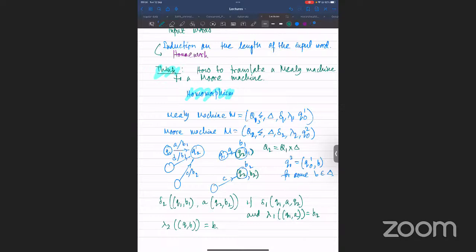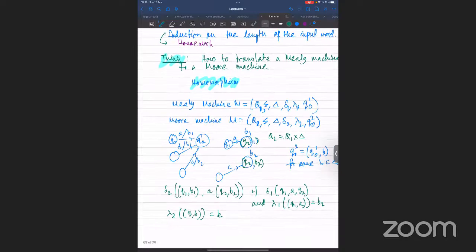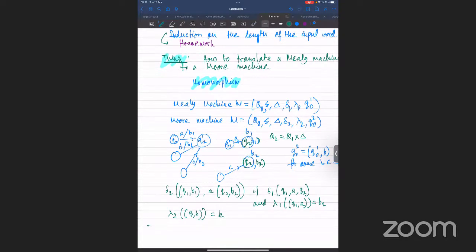So then what did we say? We said that for every Mealy machine, there is, so essentially this shows that I can write a theorem which will say: for every Mealy machine, there is an equivalent Moore machine, such that the output of the initial state of the Moore machine can be ignored.